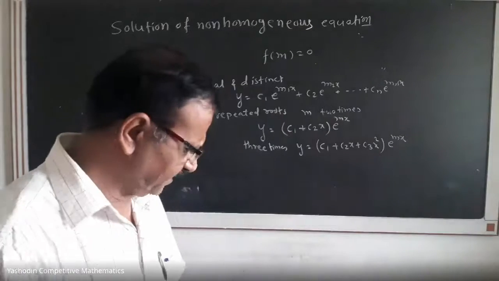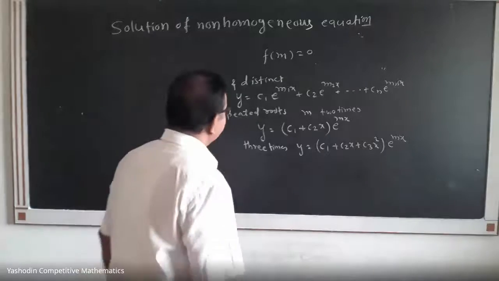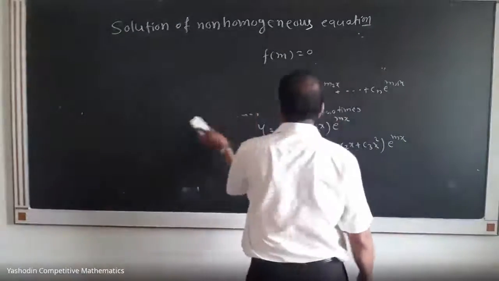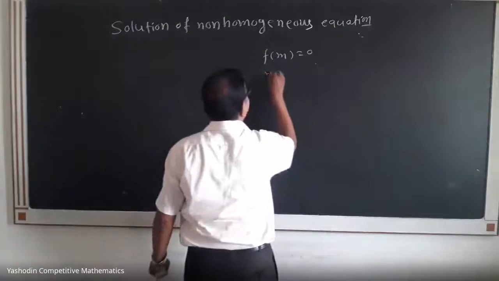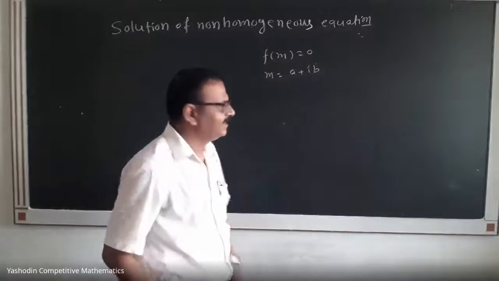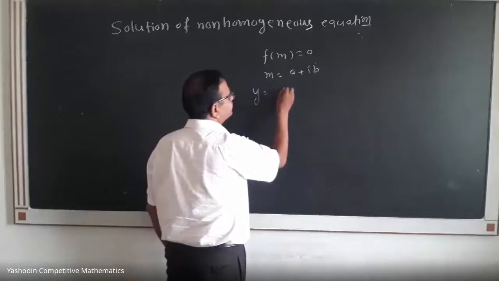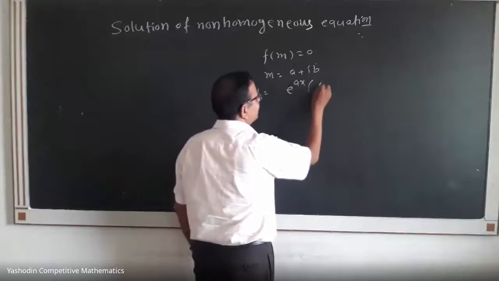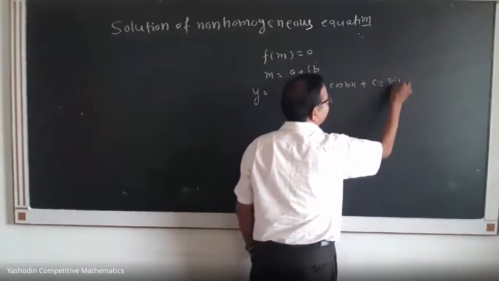Now, further we have learned if the auxiliary equation F(m) equal to 0 has a complex root, m equal to a plus ib, then the solution of the differential equation is y equal to e raised to ax into c1 cos bx plus c2 sin bx.